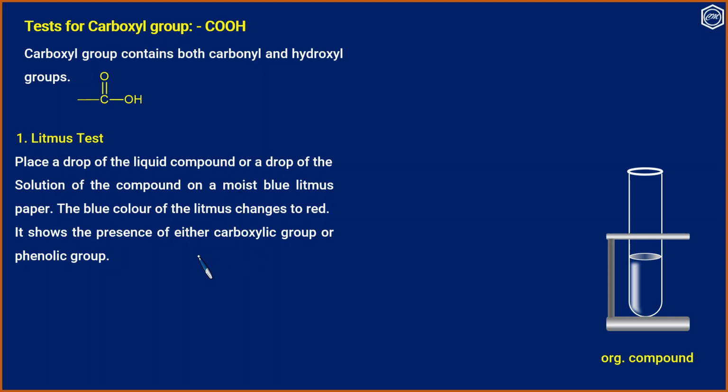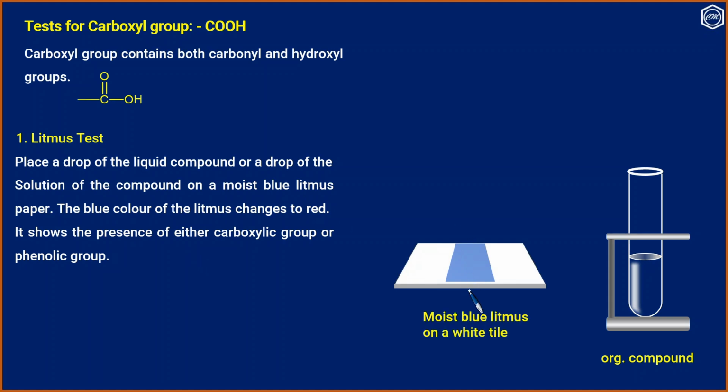This is the organic compound, and we place a moist blue litmus paper on a white tile. Now add a drop of the given organic compound to the litmus paper. So it turns red.